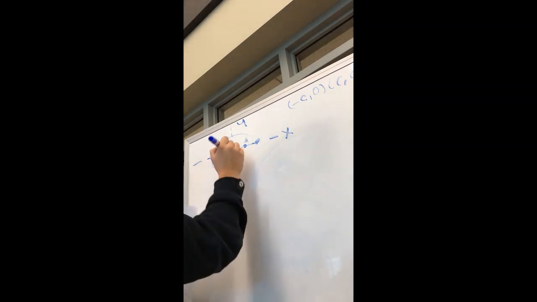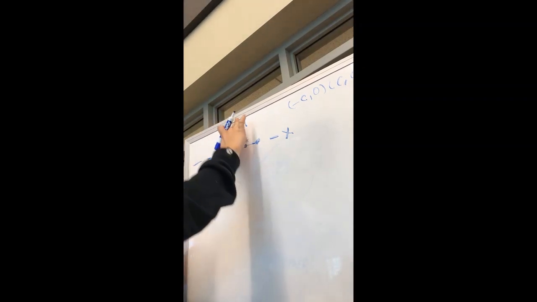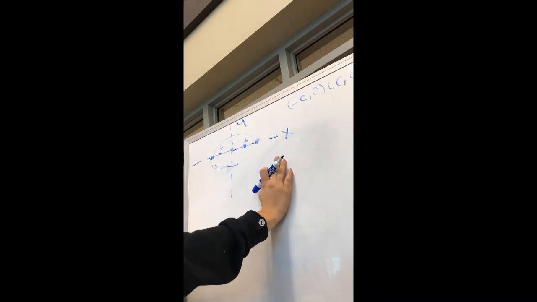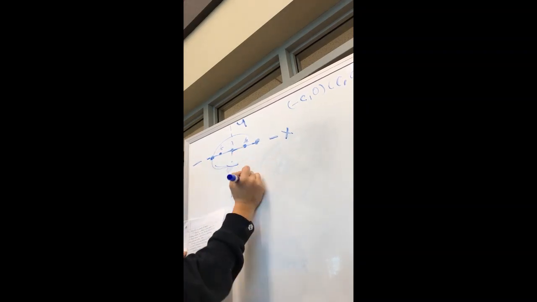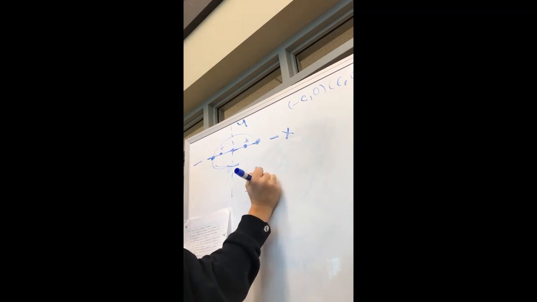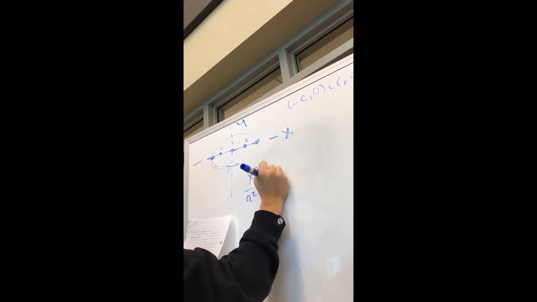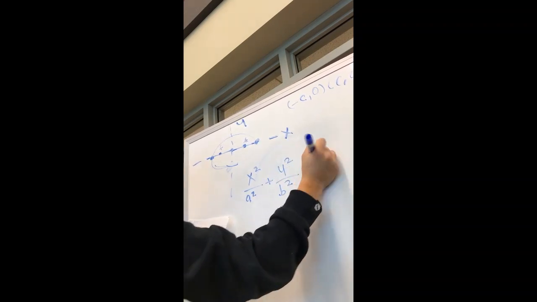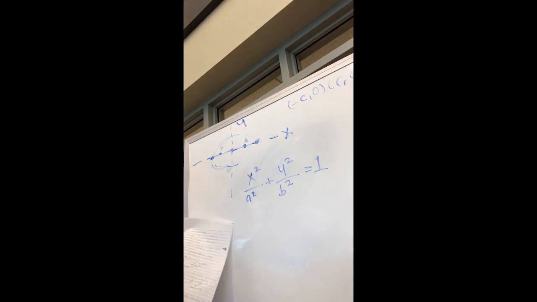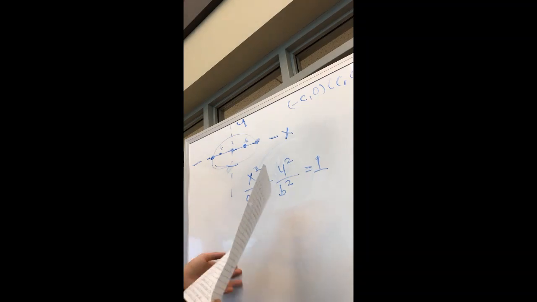So once again, our origin here, if we're considering that this is just a regular plane, a regular grid, the equation for that would be x squared over a squared plus y squared over b squared equals 1. Now you may be wondering, what are x and y and a and b?